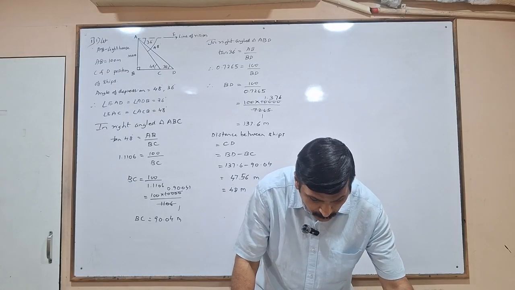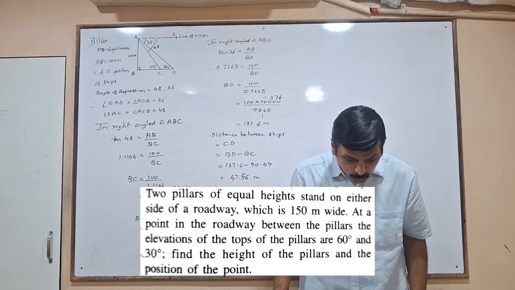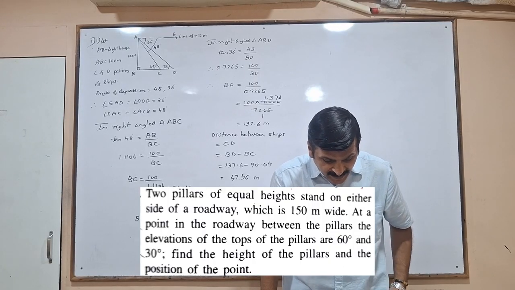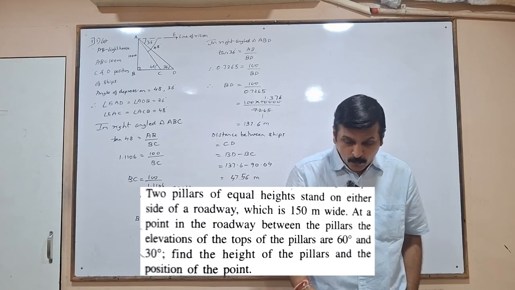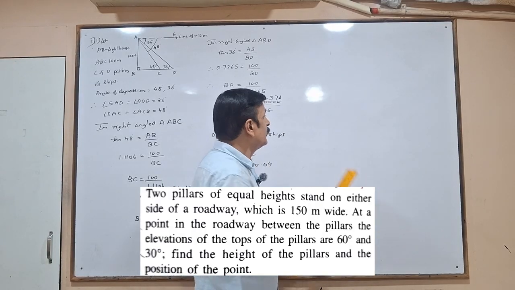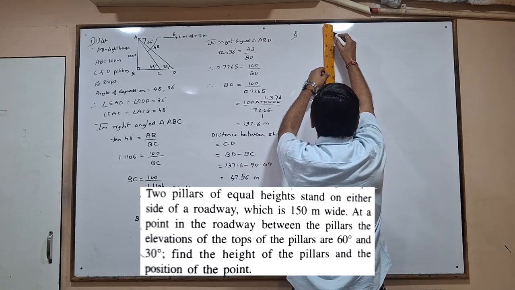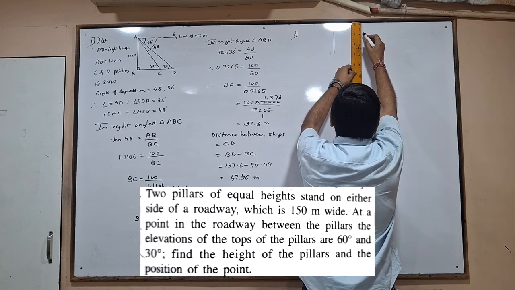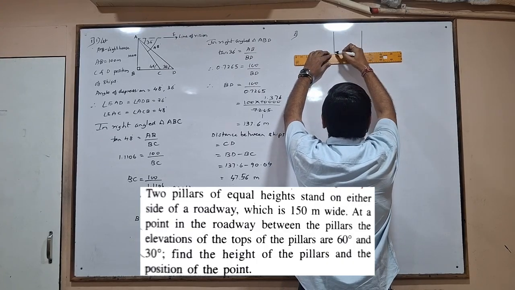Next, question number 2. The question says two pillars of equal heights stand on either side of a roadway which is 150 meter wide. Important, they are of equal heights. So two pillars of equal heights stand on either side of the road.